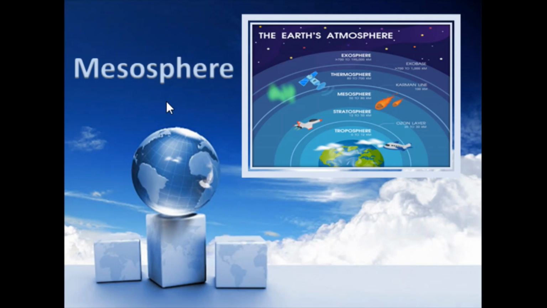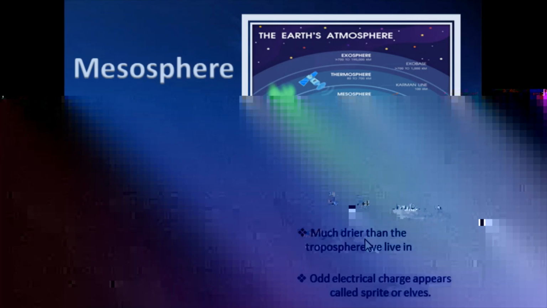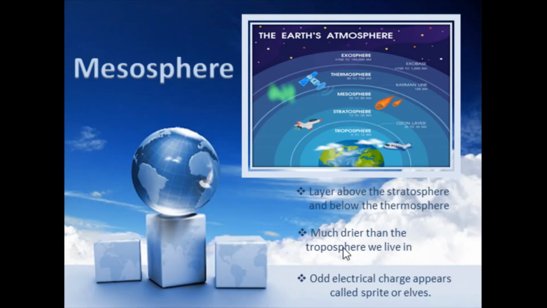It's spelled M-E-S-O-S-P-H-E-R-E. Mesosphere. The mesosphere is the layer above the stratosphere and below the thermosphere. It's directly above the stratosphere.